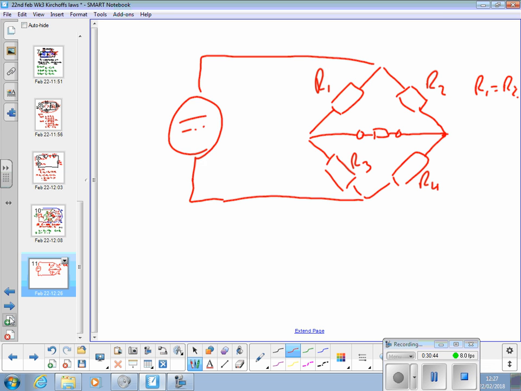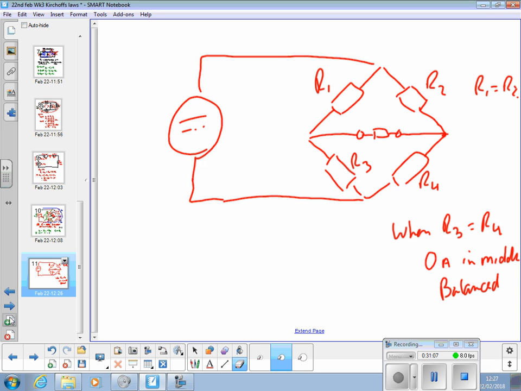okay, when R3 is equal to R4, zero current in the middle, that means it's balanced. Yep, so you'll set that as a 0, okay. Then what happens is, instead of one of these legs being a resistor, you'll put a sensor in there that varies resistance.